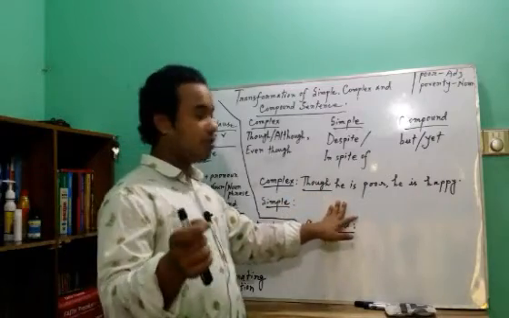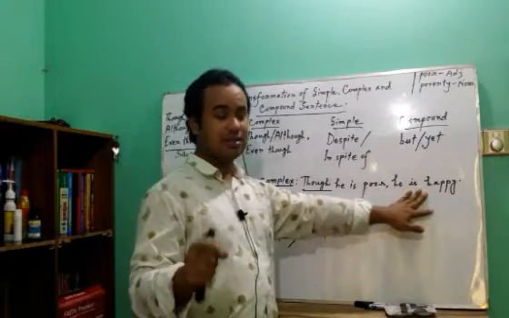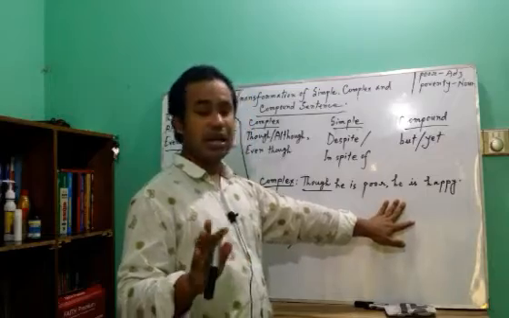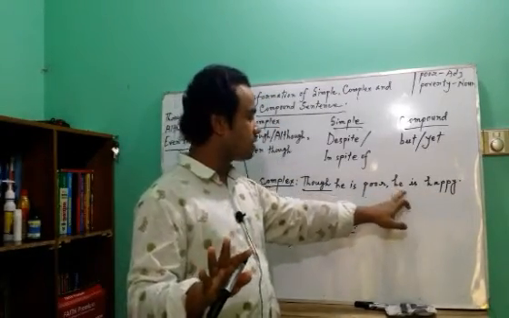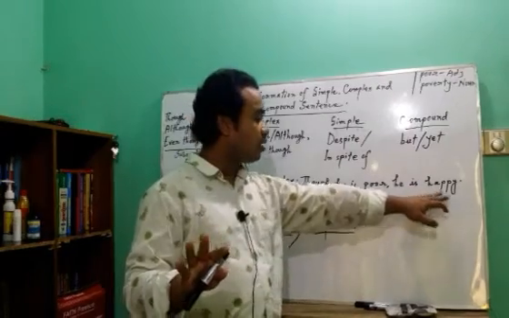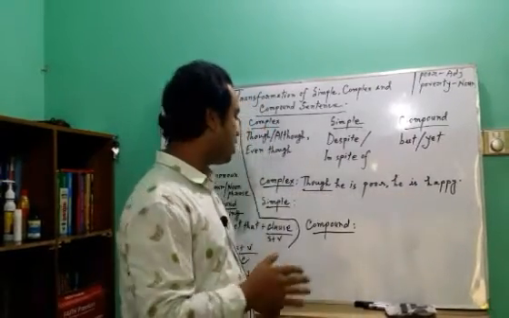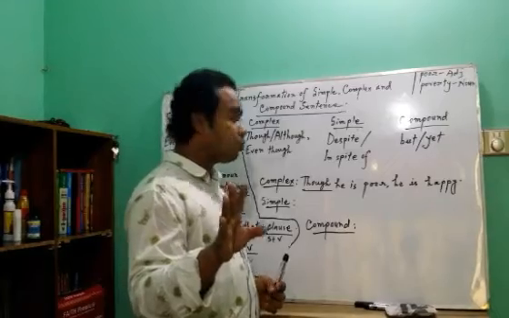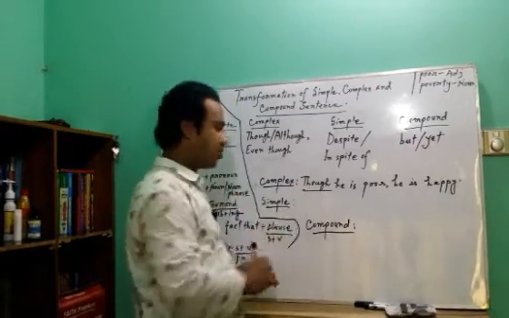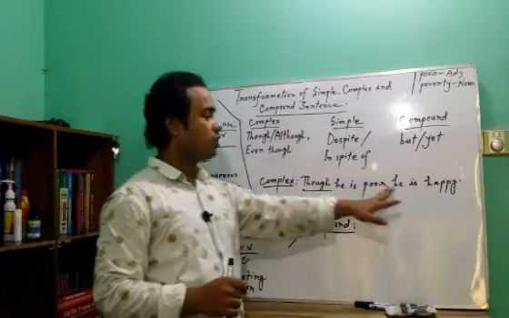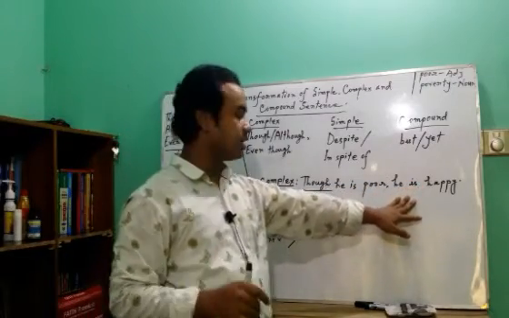Or you can say a complex sentence is just a sentence that has a principal clause, and one or more subordinate clauses that begin with a subordinating conjunction. Every clause begins with a subject and verb. Though he is poor, he is happy. This is a complex sentence.